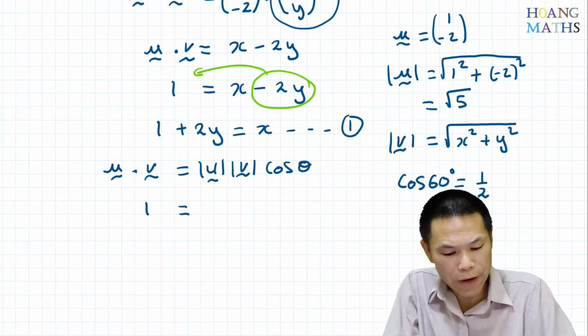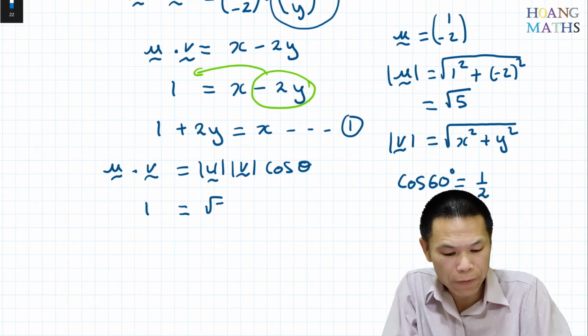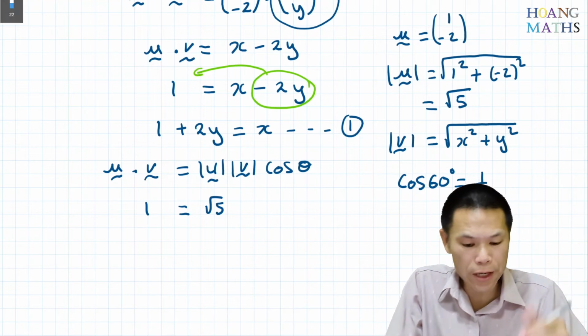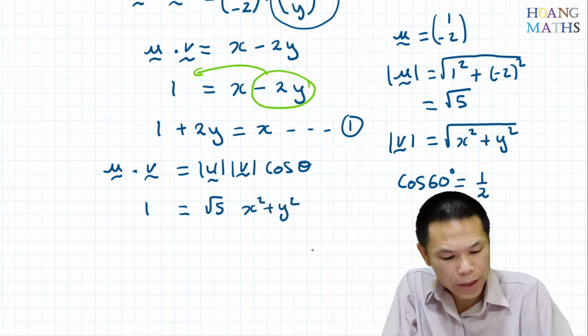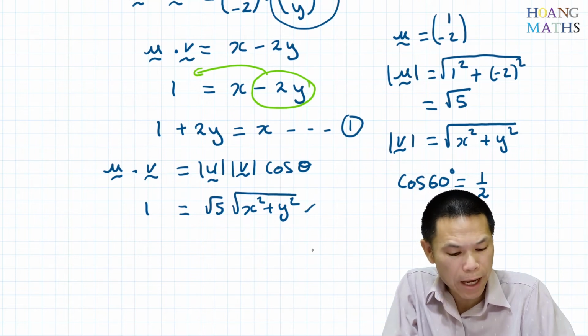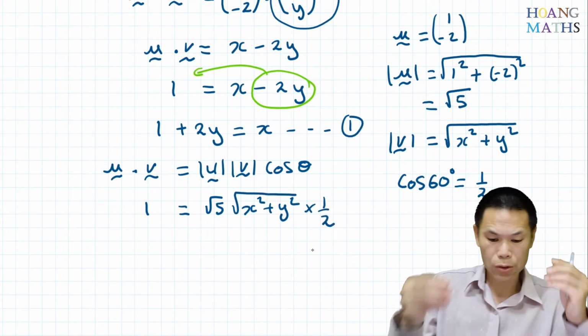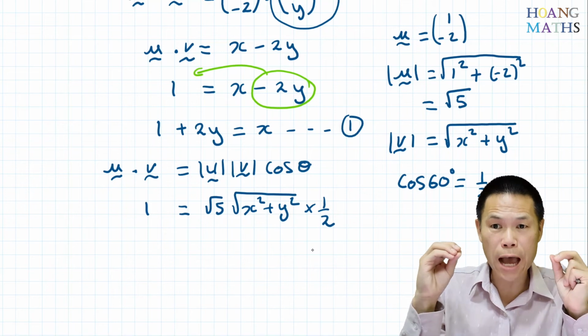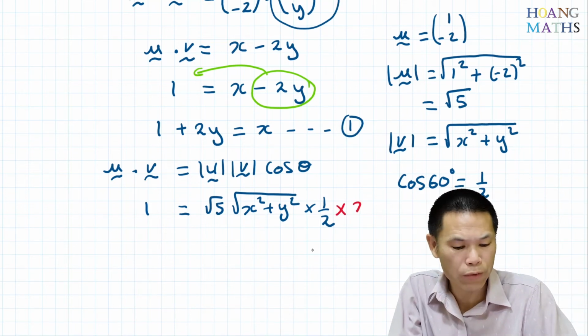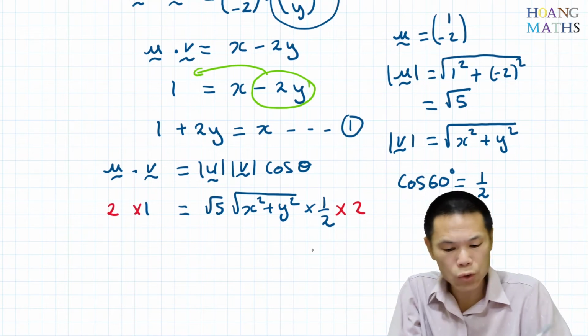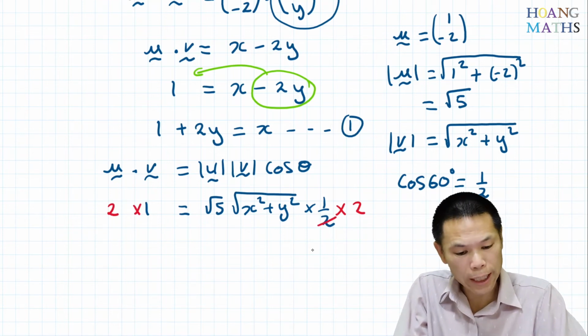So the magnitude of vector u is square root of 5. And then the magnitude of v is equal to square root of x squared plus y squared, times a half. So there you go. So I just get rid of the half first by times 2 on both sides. Okay, easier. We just want to get rid of fractions. That's all it is for now. So times 2 on both sides, so that cancels out.